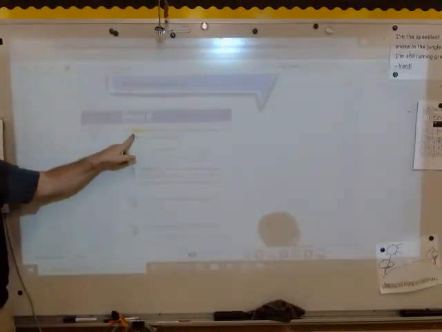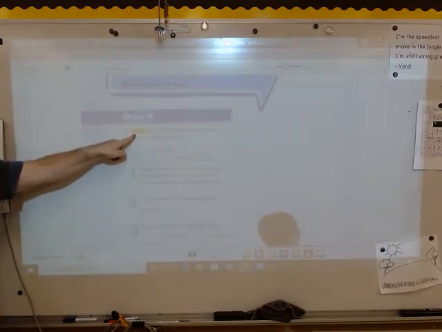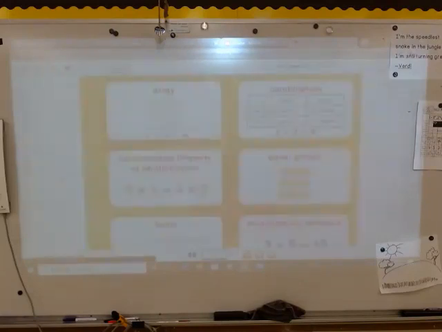Find the word array in your math dictionary. It should be easy because it starts with an A, so it's the first one in that 4th chapter. All right. And I'm going to really quickly go see what they put for the definition of array back here.